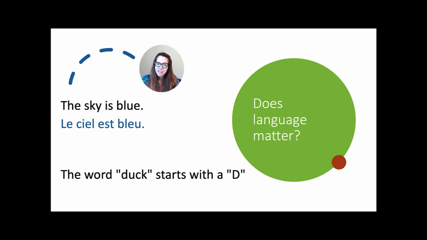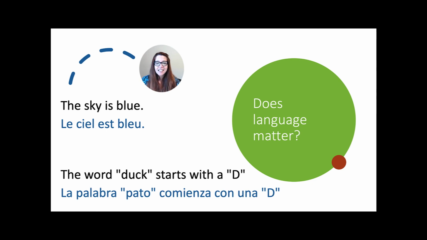However, if my declarative statement is the word duck starts with a D, and I change that to Spanish, we get the sentence, la palabra pato comienza con una D. And so here's a problem, because if I translate the word duck, it becomes pato, which starts with a P. And so it takes a different truth value than the sentence in English. So does language matter? The answer is sometimes, and it depends how the sentence is translated.